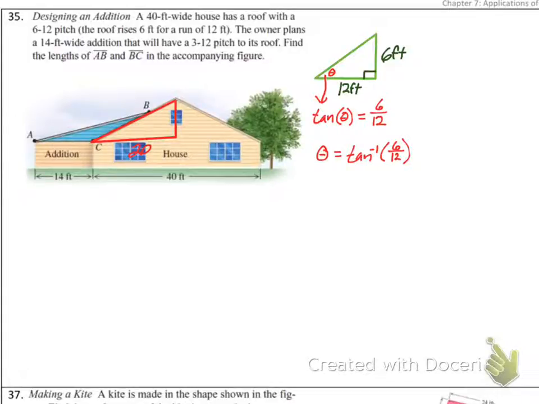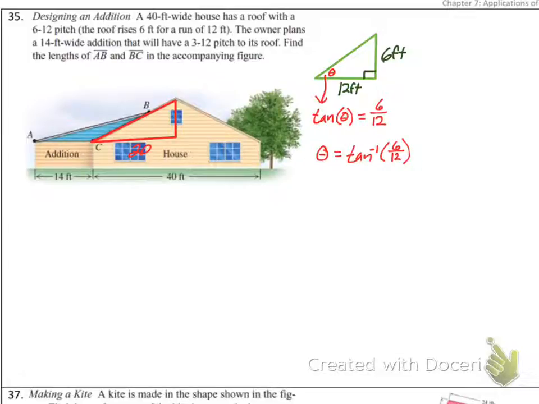Now I'm just setting this up so you see how to do it. That would give me the angle of this. And once I have my angle, I can use tangent again to say the tangent of this degree is going to equal my opposite over that. That'll give my hypotenuse.